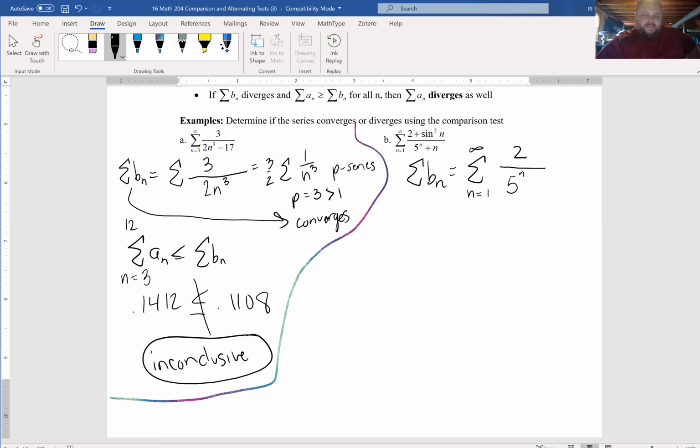What kind of series is this? P series. Yep. Or remember for a P series, it's got to be n to the power P, right? Here we've got a constant to a power n. So think back maybe a little further. Geometric. It's geometric, right?